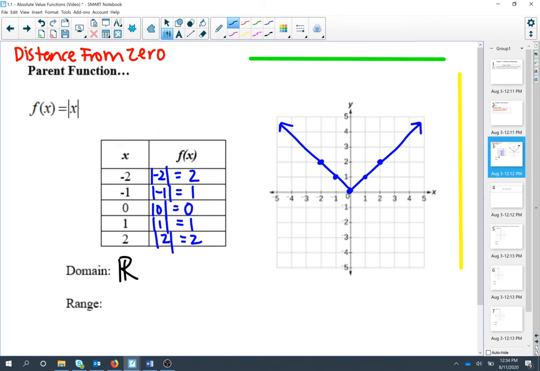So we could either say from 0 with a bracket to infinity. Or if we wanted to use inequality notation, y is greater than or equal to 0. Whichever notation you want to use, just make sure you either have your bracket on your 0 or you're using your equal to sign.